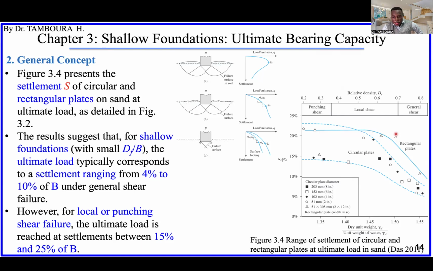So depending on the type, the result is showing that for shallow foundation, if this is small, the relative depth is small, the ultimate load typically corresponds to the settlement range from 4% to 10% of B. Okay, because this is percentage 0, 5, 10.